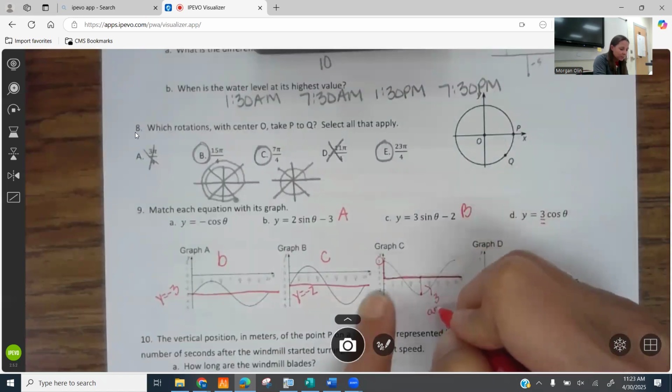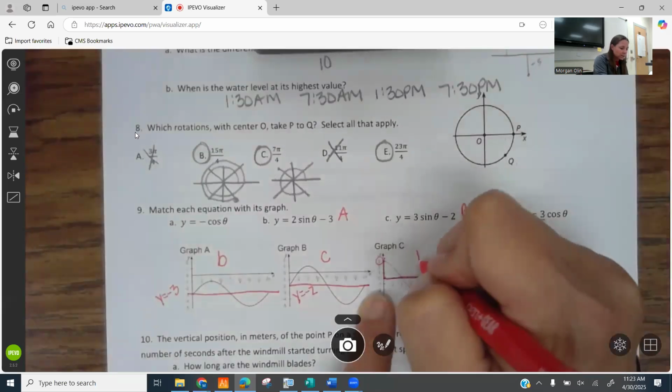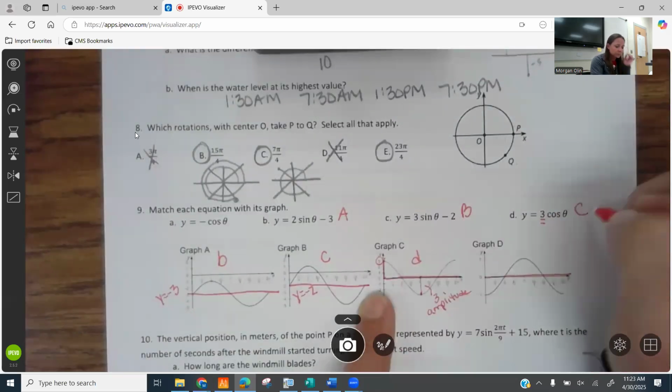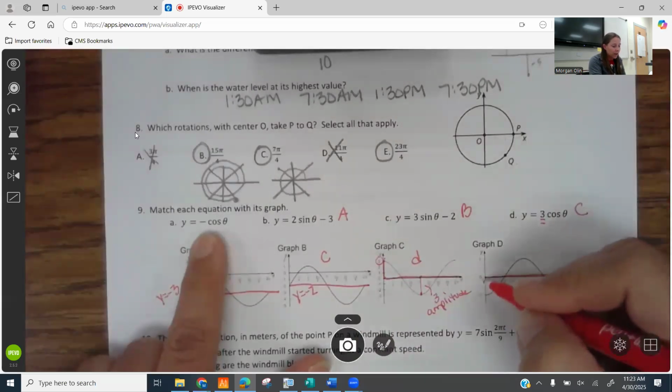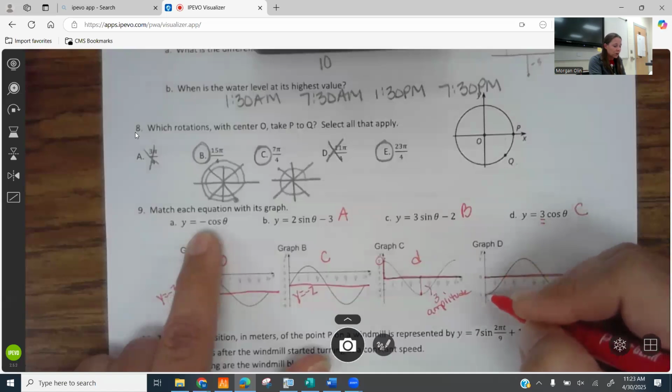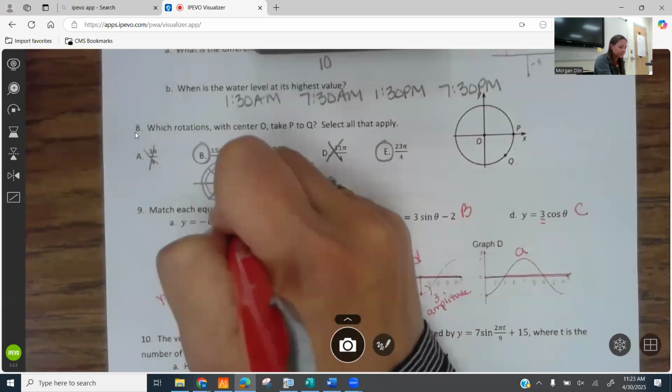So that's my amplitude right there. So this one is D. And then this one is negative, and because it's cosine, it starts below the midline right here when it's 0. So this one has to be A.